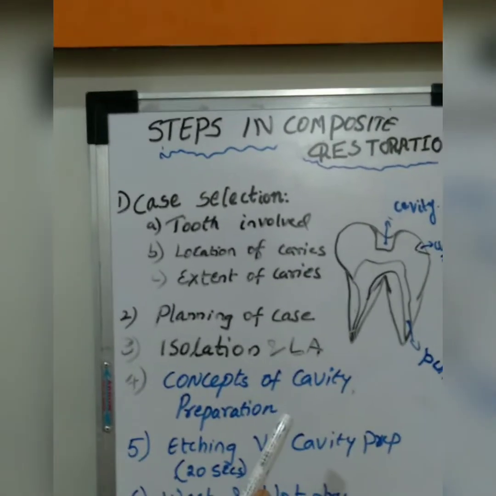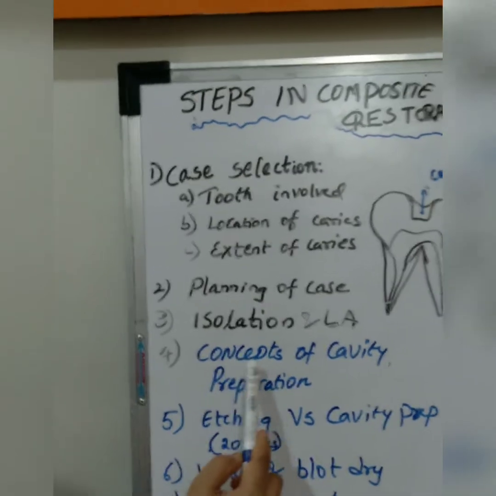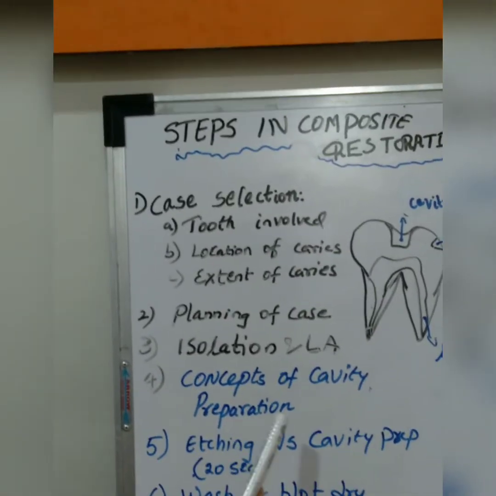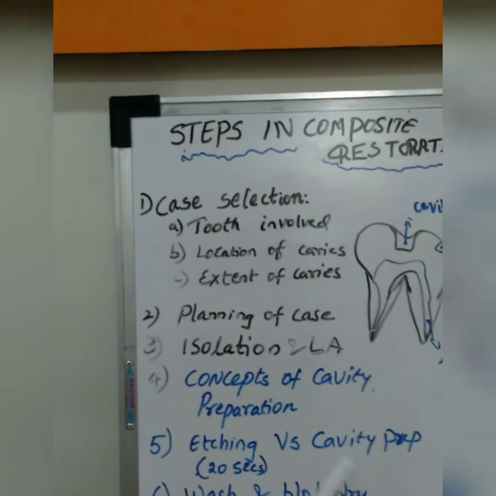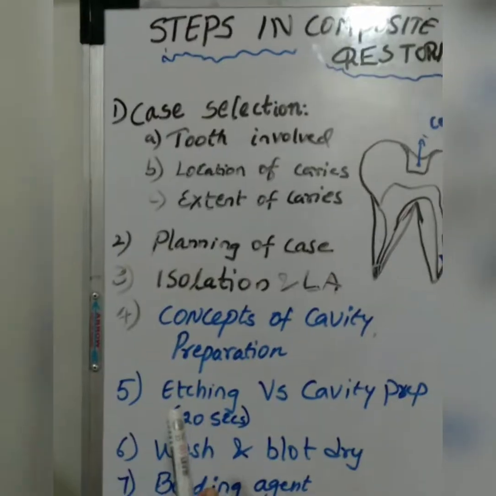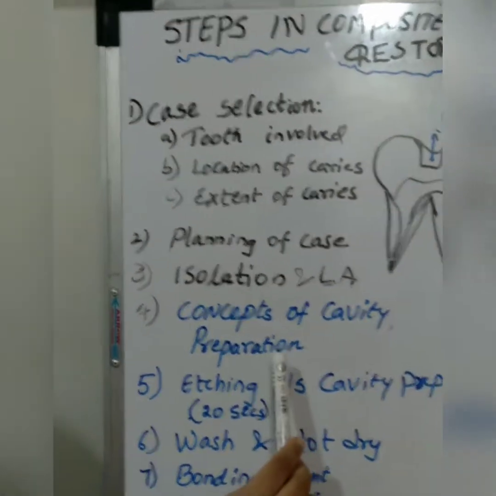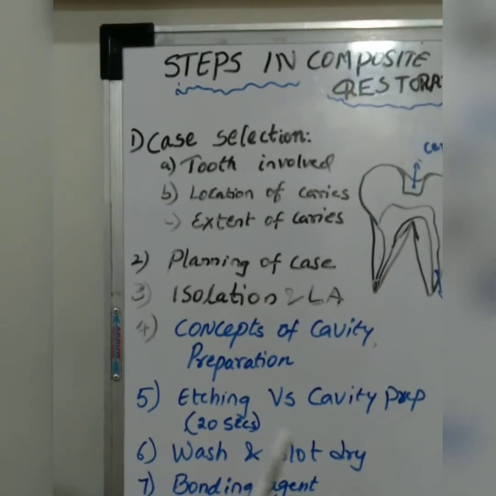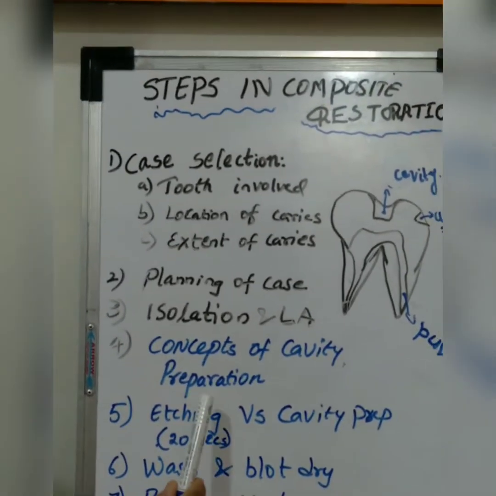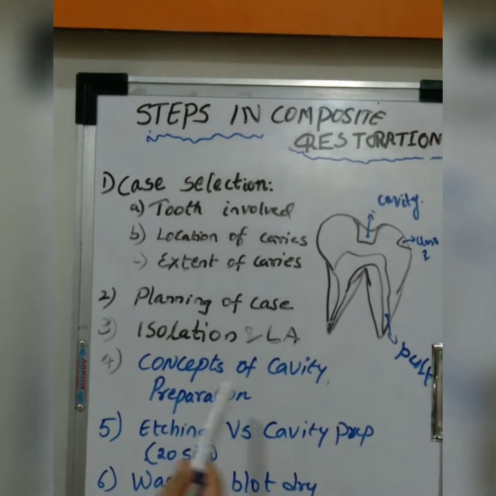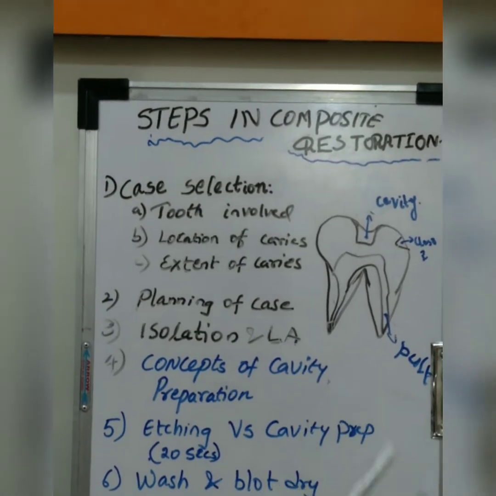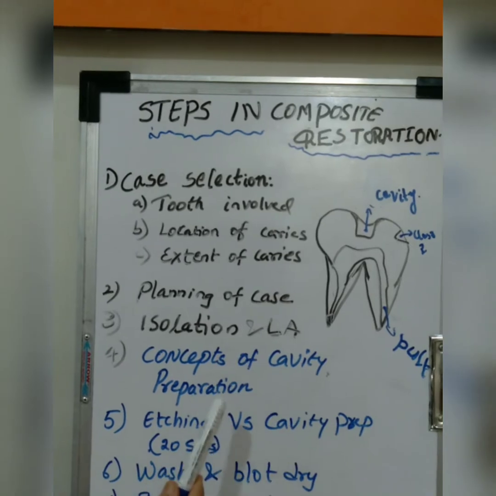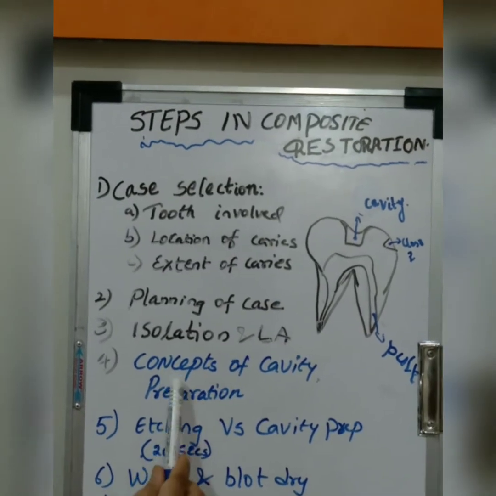Once you have achieved this, then you have to see the concepts of cavity preparation, based upon the type of restorative material you are planning. In concepts of cavity preparation, we have many concepts, like the latest one, minimally invasive dentistry concepts. So you have to check which restorative material you are planning, and based upon that, you have to select the concepts.